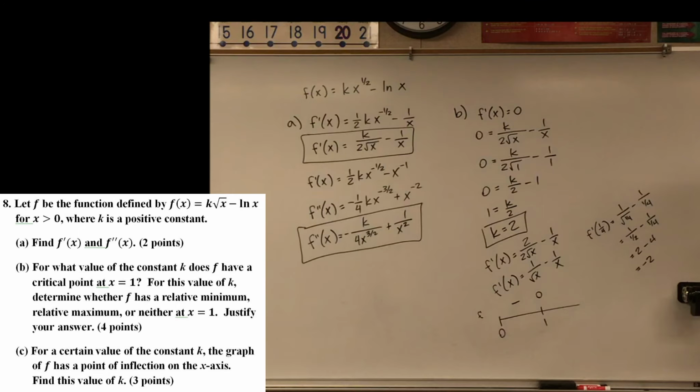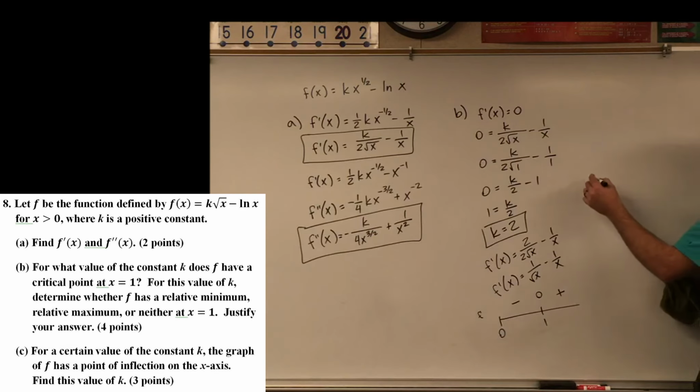Now what? Plug in 4. That would be a good one. So f prime of 4 equals 1 over rad 4 minus 1 over 4. So that's 1 over 2 minus 1 over 4, which is 1/4, which is positive. So what do we have when x equals 1? Relative minimum. So I'm going to get rid of this because that's just chicken scratch.